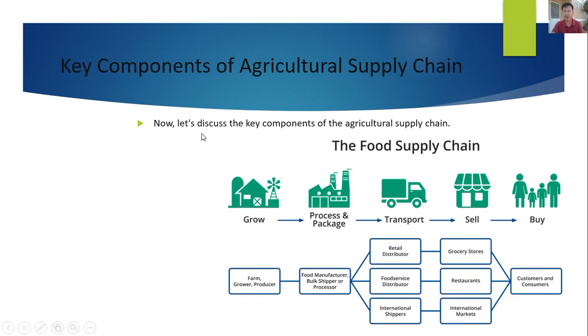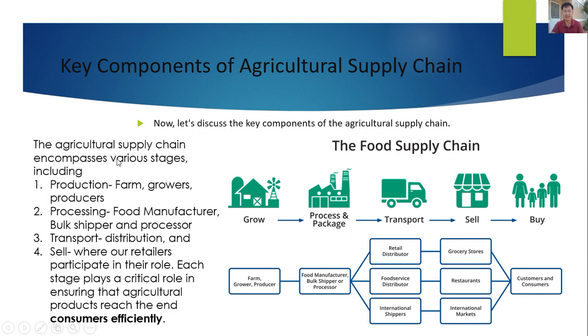So, the key components of our agricultural supply chain. Now, let's discuss the key components of the agricultural supply chain. Here we'll start with grow: our farmers, the growers, and producers. It always starts with our farmers. So, this supply chain starts from production.